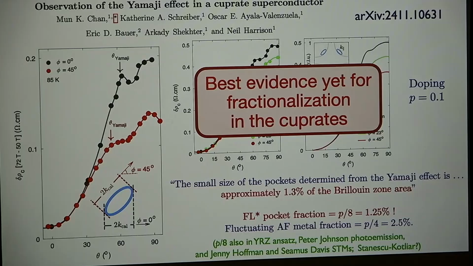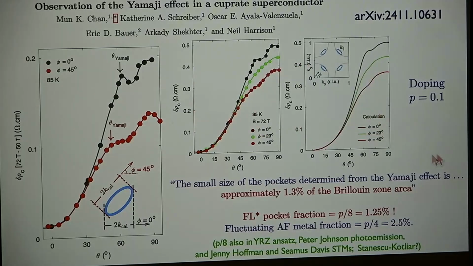So there's obviously some error in that 0.1, but it's not a factor of 2 error. It's not 0.2, which you would need, or 0.05. You need 0.2 to satisfy the SDW criteria. It's definitely far from that.